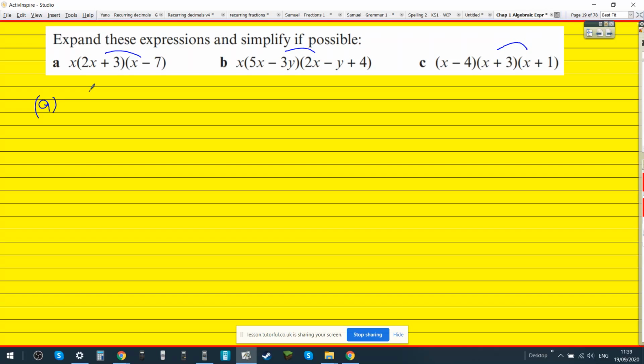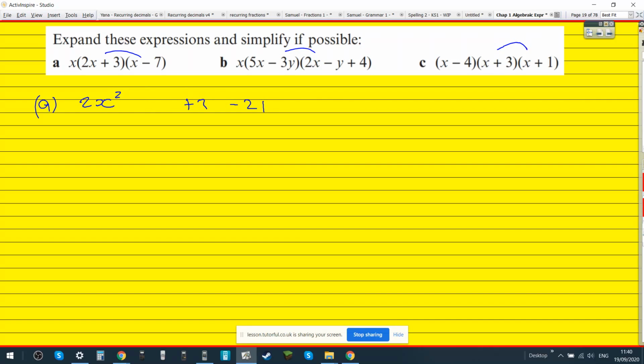So it'd be 2x to the cubed. Okay. And then minus 21. And then 3x.